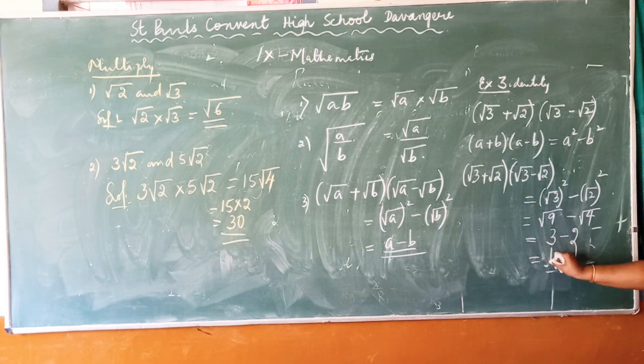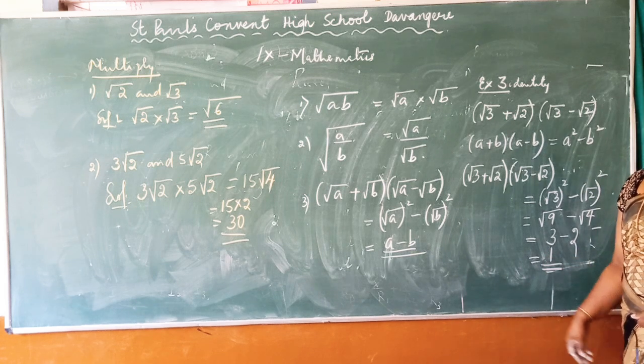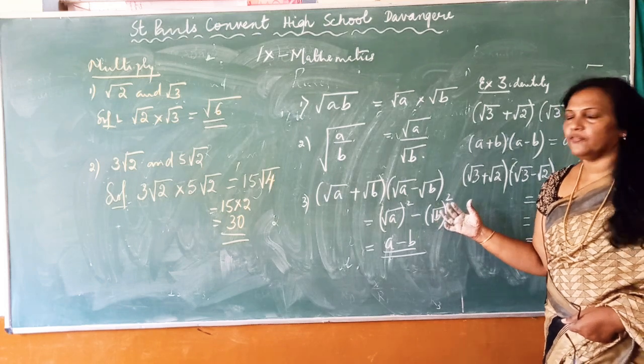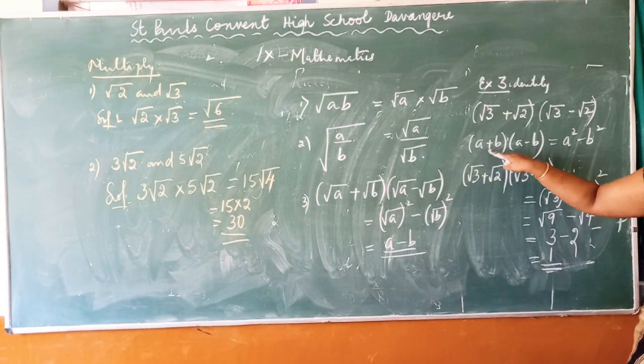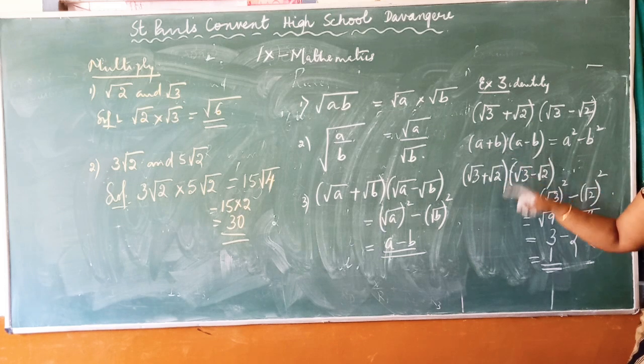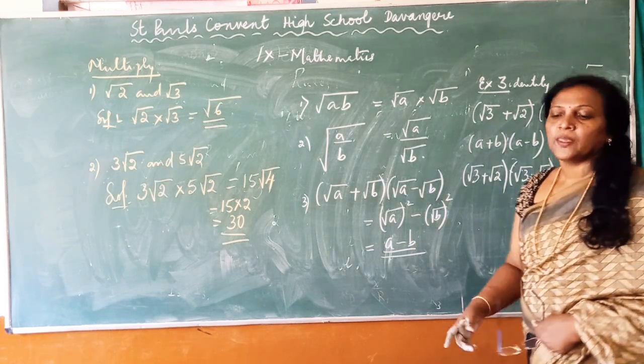The final answer you will get is 1. This is how you make use of identities of square roots. This is an example for the third one. What I have multiplied in the example is called the identity (A + B)(A - B).